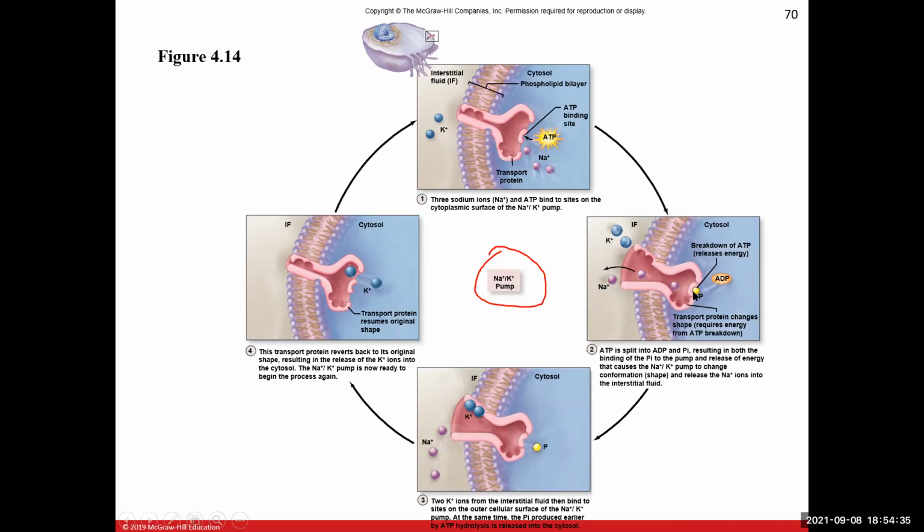And the phosphate stays. And then once the phosphate molecule pops off, the pump goes back to its original configuration. But prior to that phosphate popping off, the potassium enters in. And once that phosphate pops off, it goes back to its original shape, and then the potassium enters into the cell.